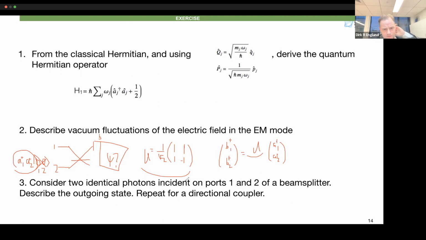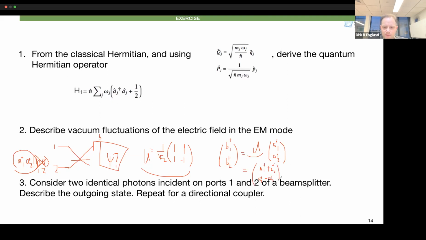And so what is the output state here? This is equal to A1 dagger plus A2 dagger, and below we have A1 dagger minus A2 dagger.